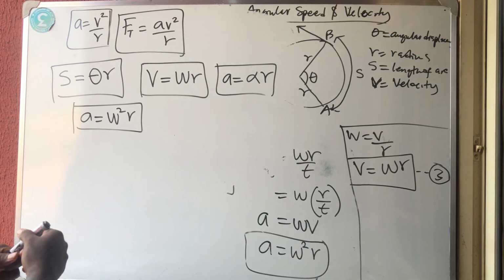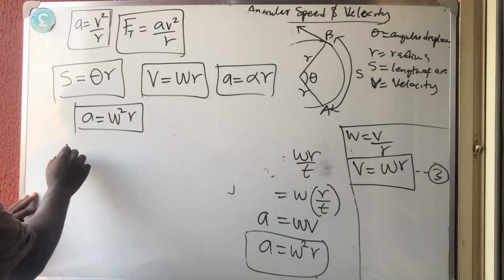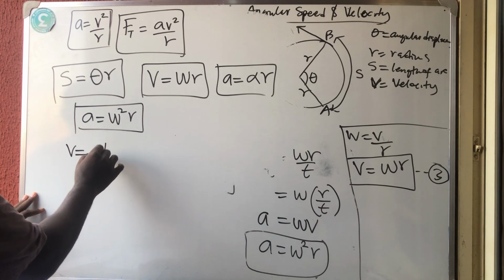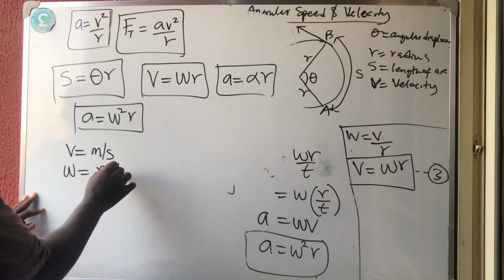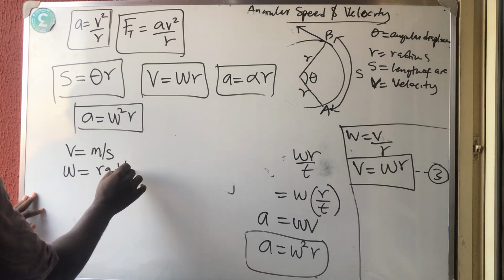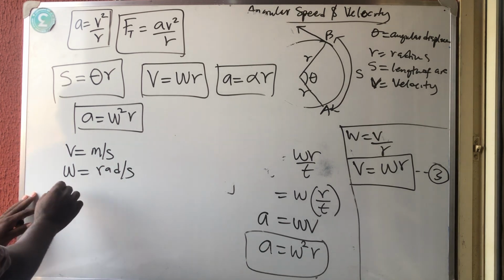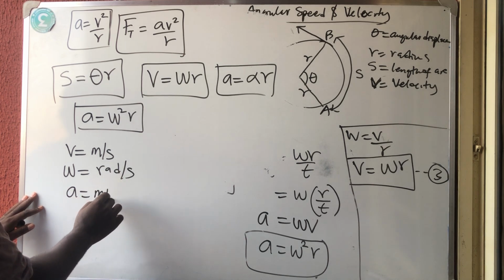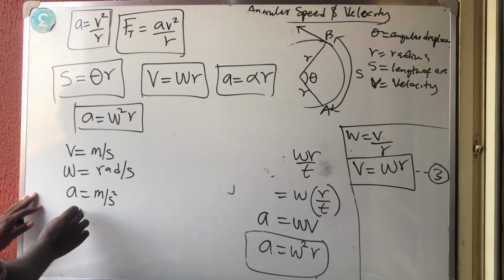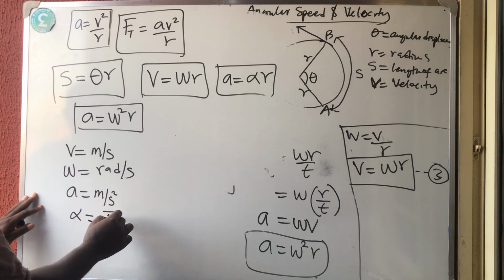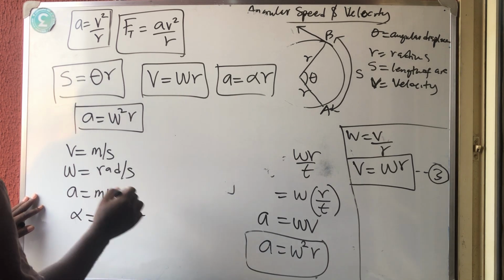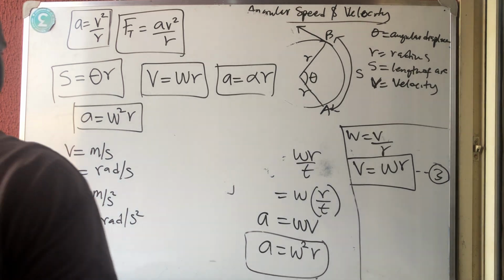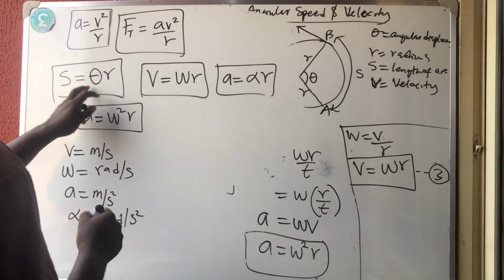You can solve everything. And don't forget that velocity normally is measured in meters per second, while angular velocity is measured in radians per second. Normal acceleration is measured in meters per second squared, while angular acceleration is rad per second squared.